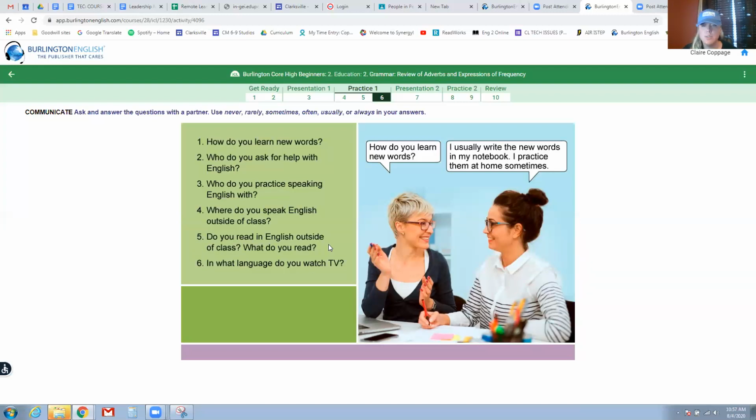And in what language do you watch TV? Idioma English. You watch English TV in English? The movie, yes, the movie English. Good, good. Do you always watch TV in English or sometimes?